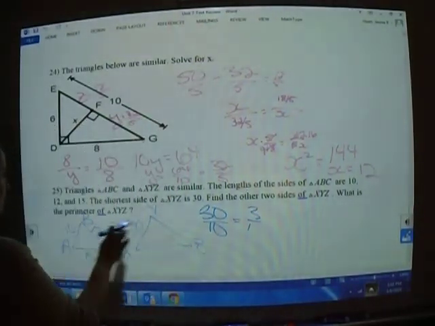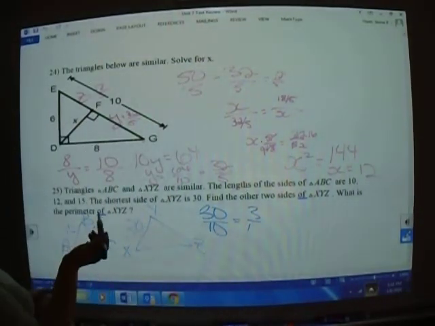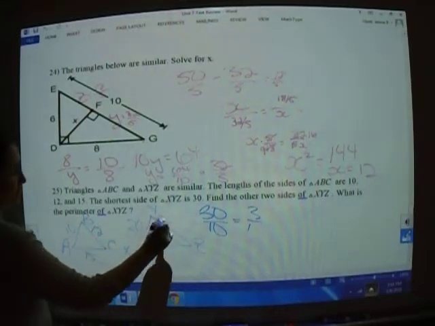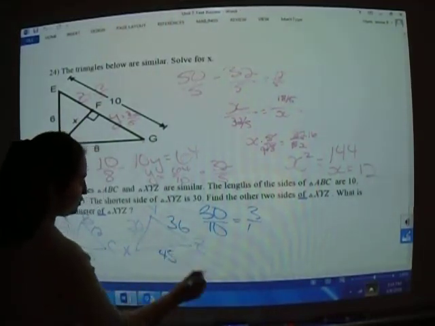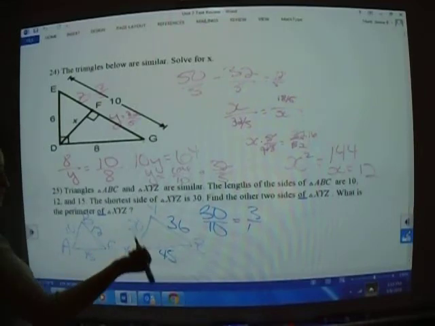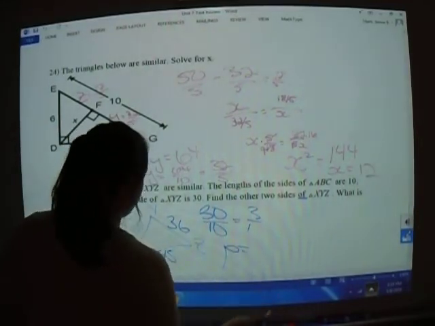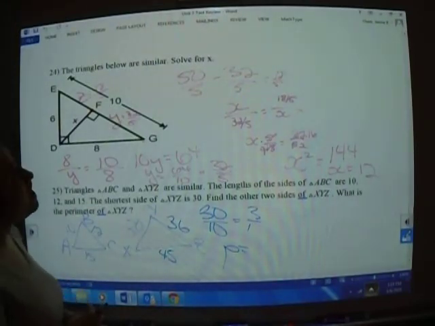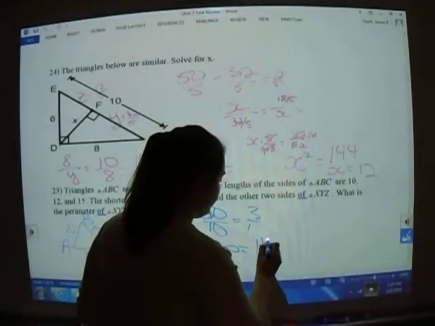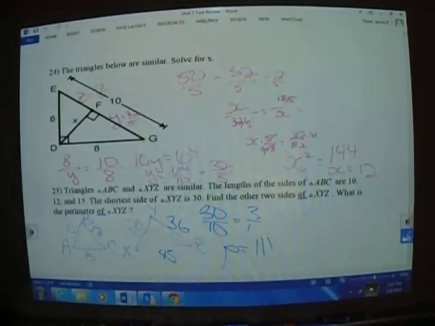So if we're going from here to here, we're multiplying it by 3. So 12 times 3 is 36, and 15 times 3 is 45. So that's the other two sides. Now to get the perimeter, which I'm just going to write as P, you just add these all up. So that's 30 plus 36 plus 45, 111. And that's it. How do you do number 25, guys?